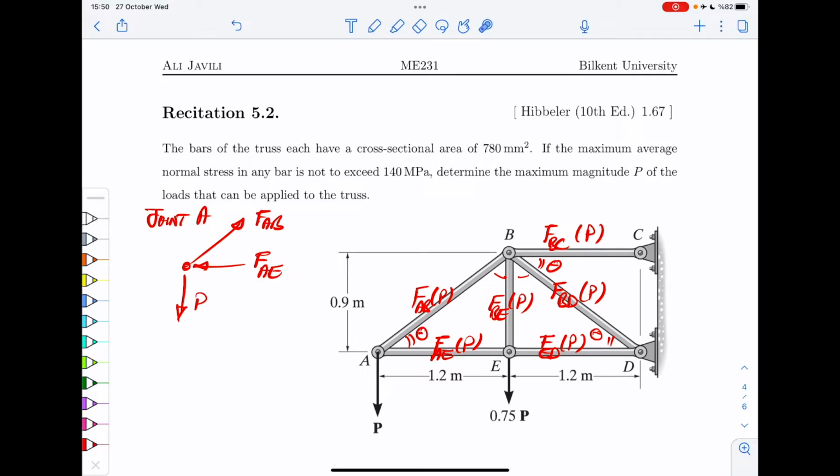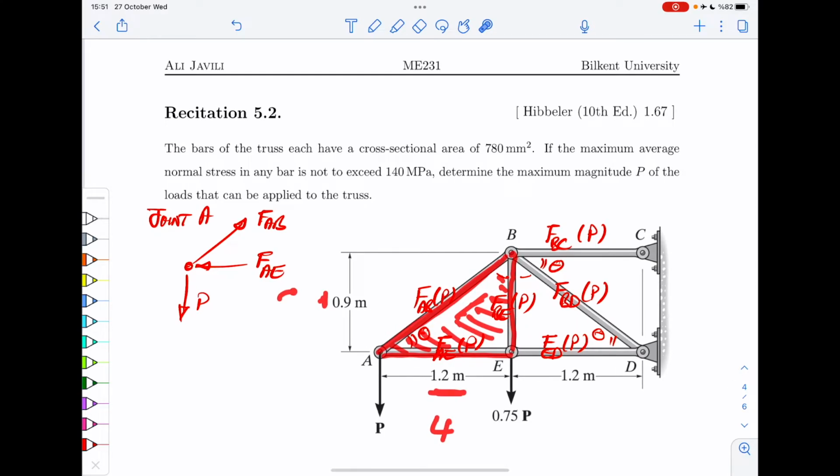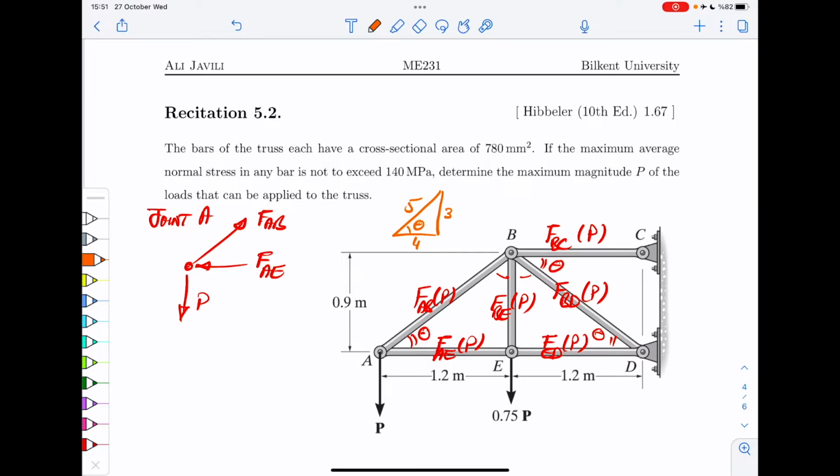If you look closely at this triangle, you see 1.2 here, 0.9 here. So this is our 3, 4, 5 triangle. If this is theta, this would be 3, this would be 4, this would be 5. So sine theta is 3/5, cosine theta is 4/5.